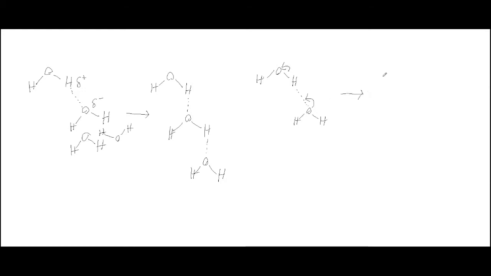So what we end up with is HO with a negative charge, and then O with 3 H's with a positive charge. This is called a hydroxide, and this is called a hydronium. And it happens, but not very often.